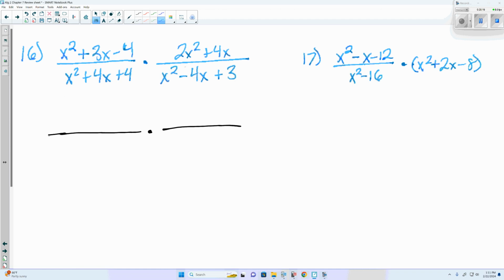Which one do you think that would be? I'd say 2x squared plus 4x, because it has a greatest common factor of 2x, which leaves us with x plus 2. I think it's a little bit easier because we just have a greatest common factor to remove, and that's it. Now the others, 3 don't have a greatest common factor.